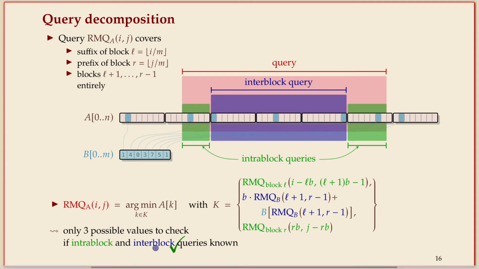Moreover, we know how to deal with the blue range. The blue minimum only needs RMQ computations on this B array. And we know that we can use the sparse table data structure for that. What's left is these green ranges. We know they're all small. They only ask for the small ranges up to log n over 4 elements. But we don't have a solution for those yet.